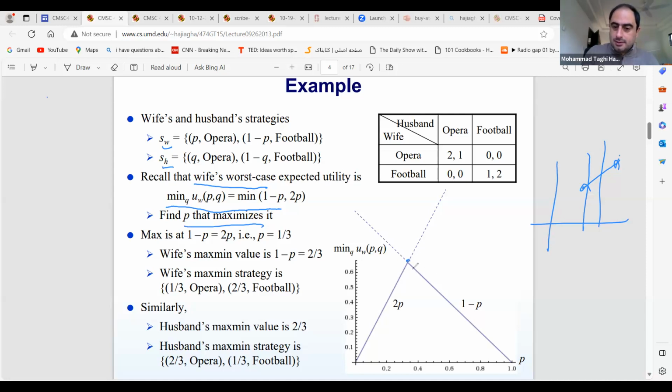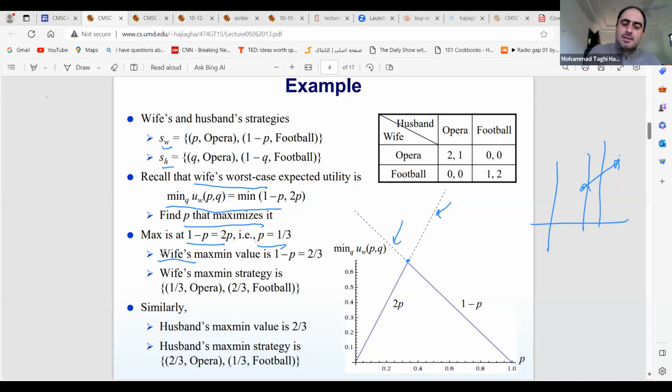This point is both on this line and on this line, so you should just put these values equal. So I put 1 minus p equal to 2p and obtain p equal to 1/3. You should always check whether this is a minimum or maximum, but in this case it is the maximum.